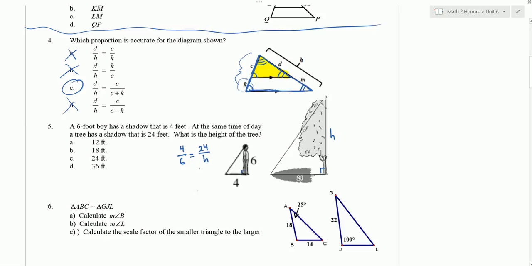And then we can cross multiply, so 4 times h is 6 times 24, and then divide by 4, so h is 6 times 24 divided by 4. 24 divided by 4 is 6, so this is 6 times 6, which is 36. And we're talking feet here, and so we're going to go with option D.